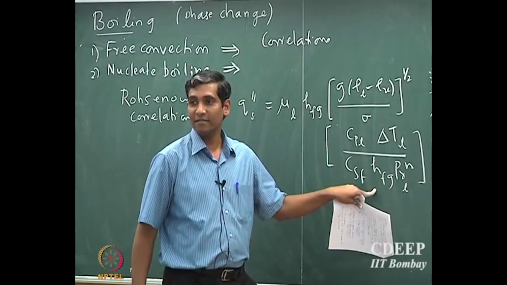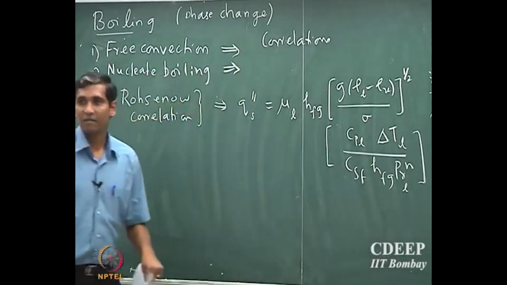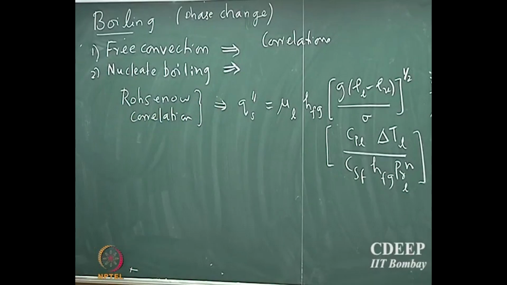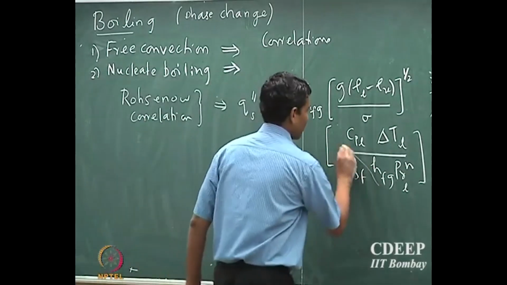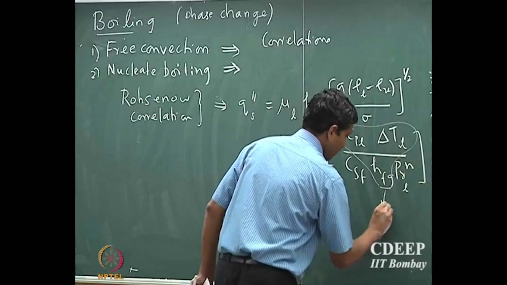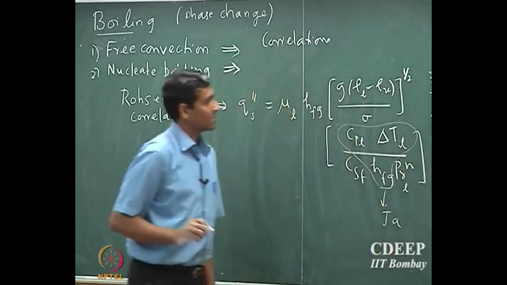What is that? We saw these dimensionless quantities, right? That's the Jakob number.